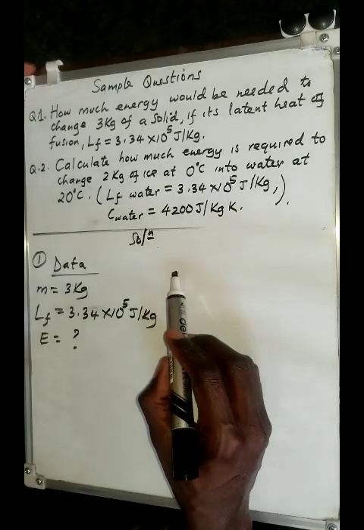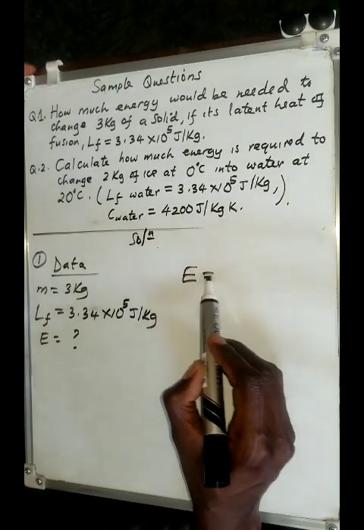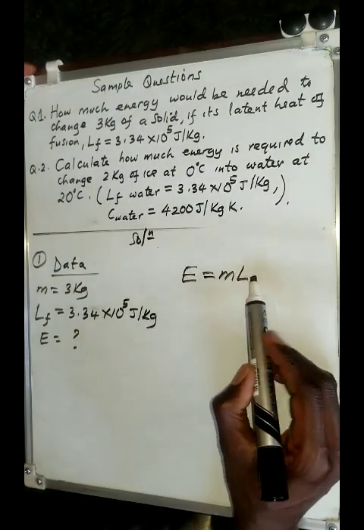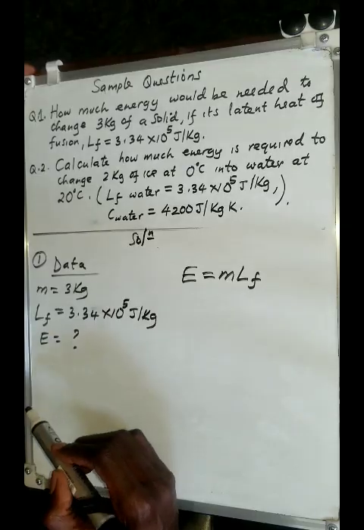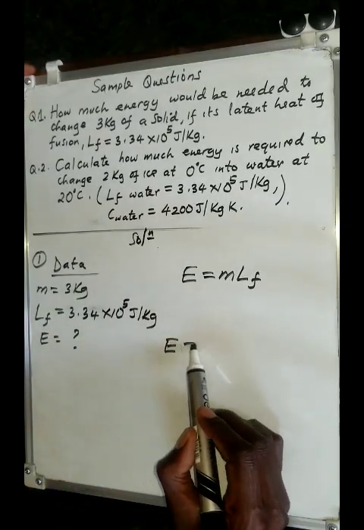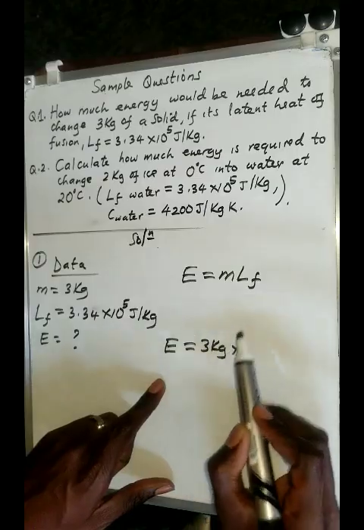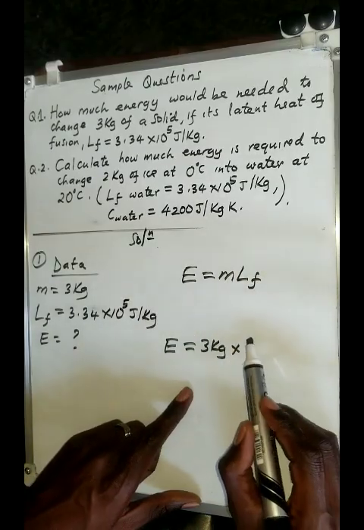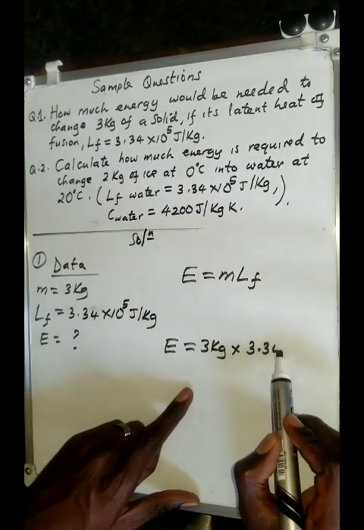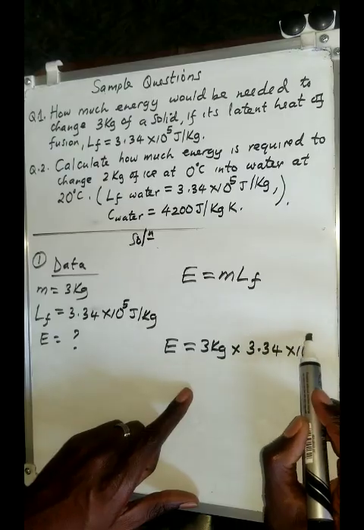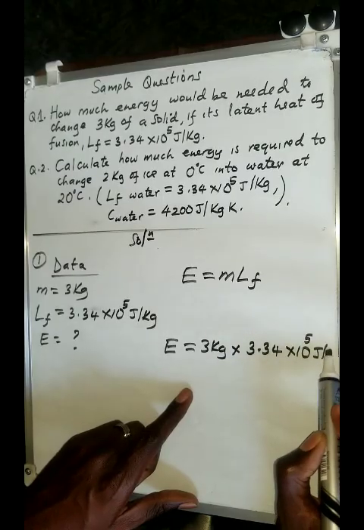So you don't need to struggle. Remember, energy is equal to mass times the specific latent heat of fusion. So you just need to apply E is equal to, what is the mass? It is simply 3 kg multiplied by the specific latent heat of fusion, 3.34 times 10 raised to the power 5 joule per kg.